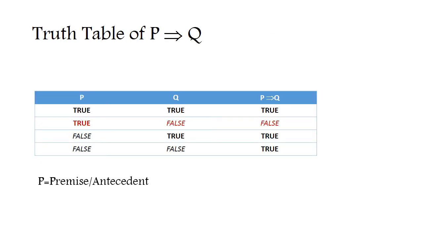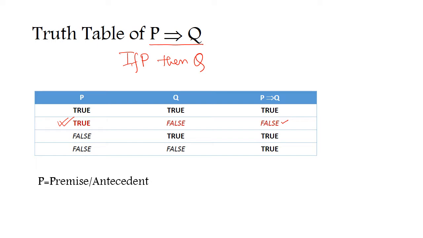Let's look into the truth table of P implies Q. As you can see over here, this row I have highlighted, which is the only condition of false. What does it say? Remember, we are saying P implies Q, so if P, then Q must also be true.